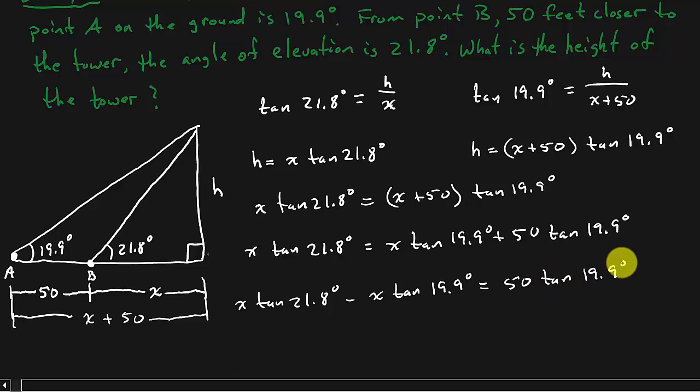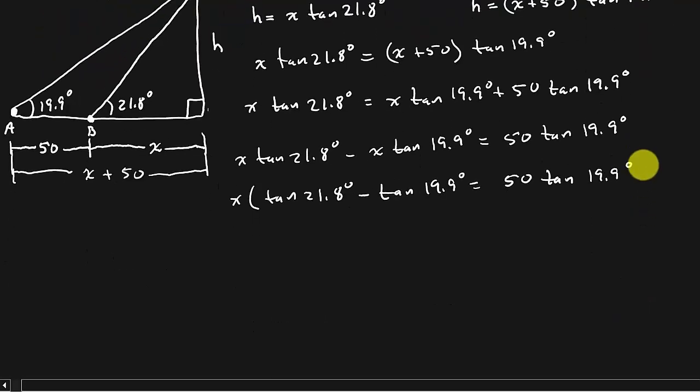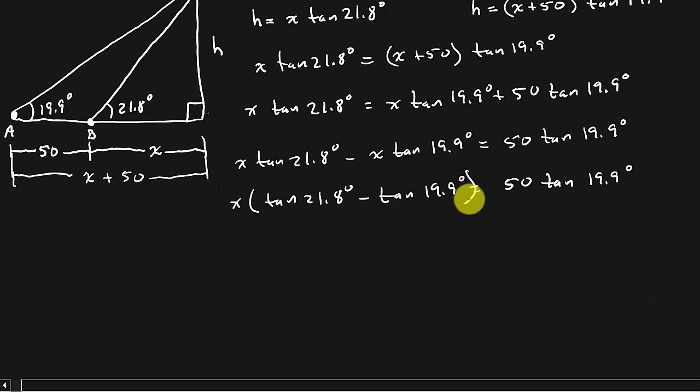And then look, I can factor out X. That's X times tangent 21.8 degrees minus tangent 19.9 degrees equals 50 times tangent 19.9 degrees. And then, see, this is just algebra now, solving an equation. Then I divide both sides by this.